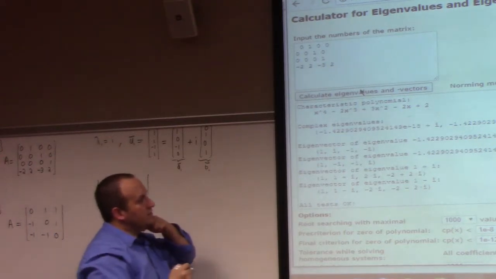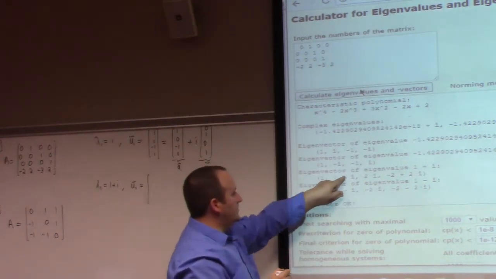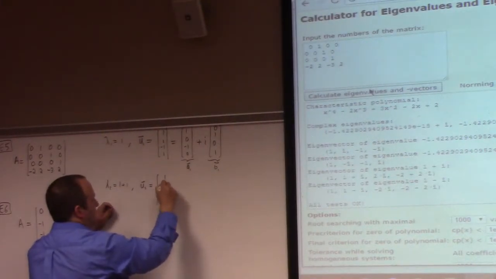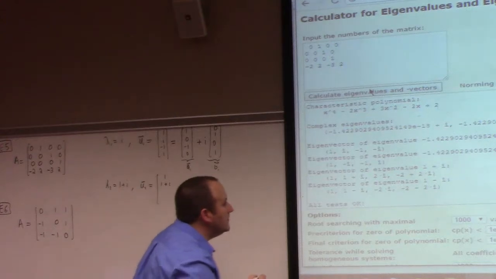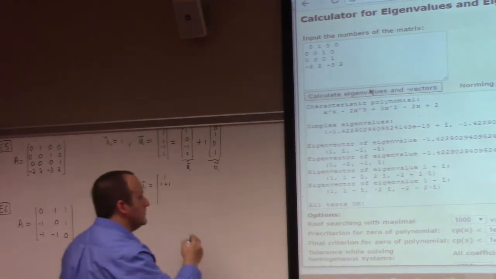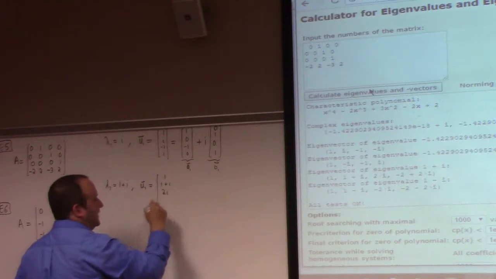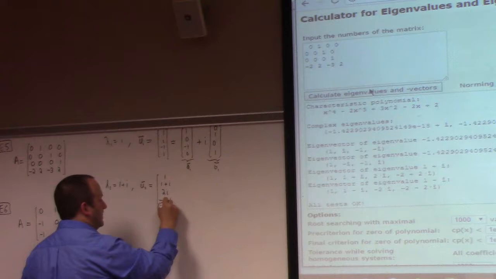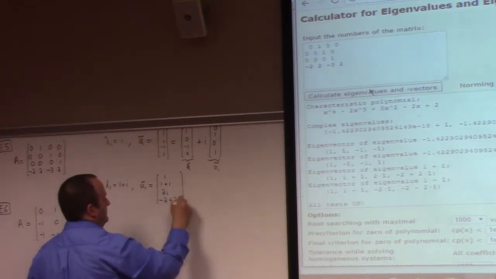From the website. And the other eigenvalue, lambda 2, 1 plus I, has u2 equal to, let's see here, 1 plus I. What's the third component? I think that's a 2I. And then the last one is what? It's minus 2 plus 2I, if you can see.